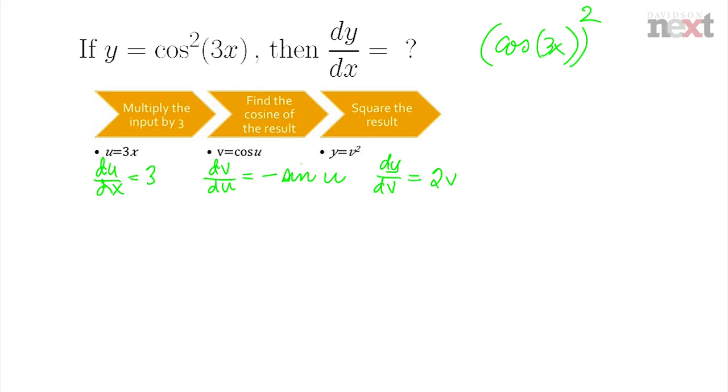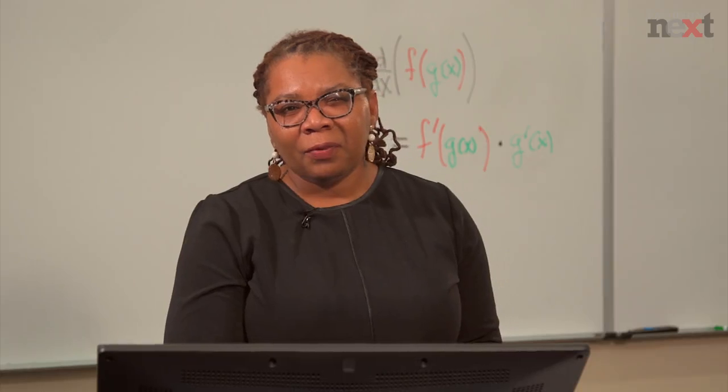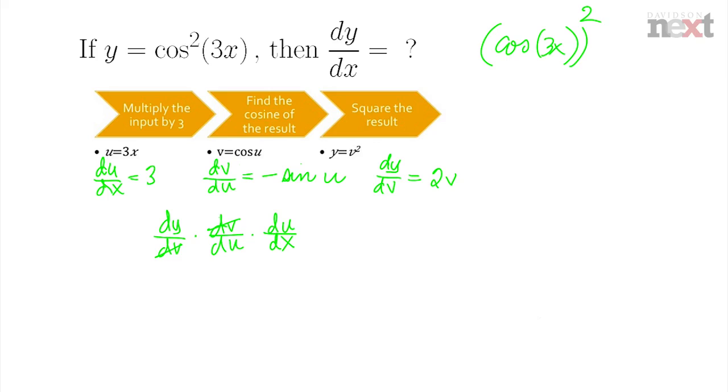Notice that if I multiply these 3 derivatives together, I'm going to write them in the reverse order of how I have them written here: dy dv times dv du times du dx. If we treat them like fractions, they're not really fractions, but we're going to treat them that way for the sake of illustration. Notice that the dv's cancel out, and so do the du's, and I'll be left with what I want, which is dy dx.